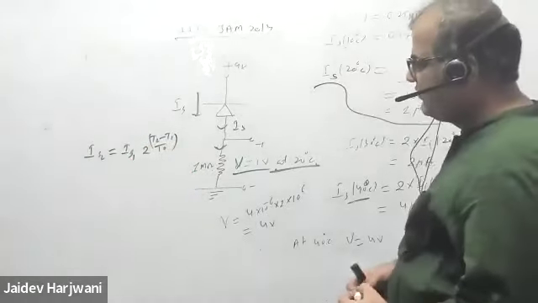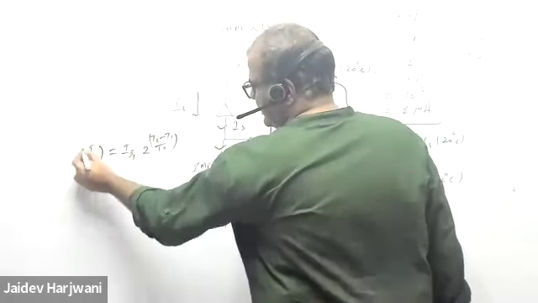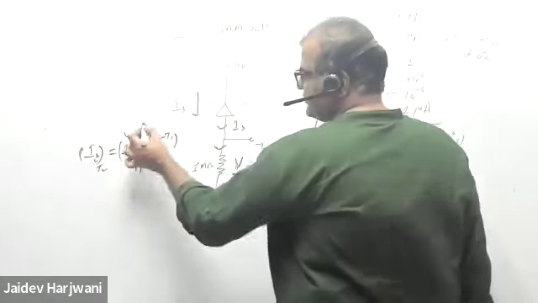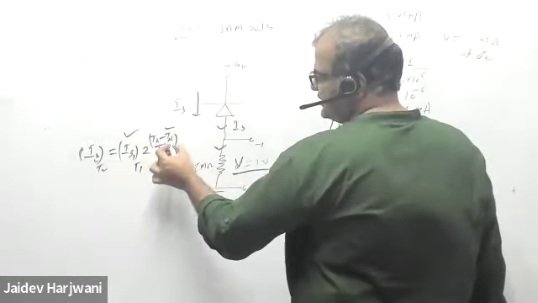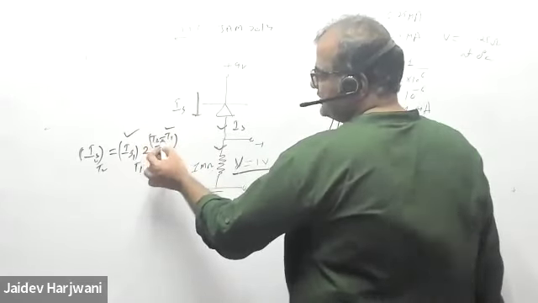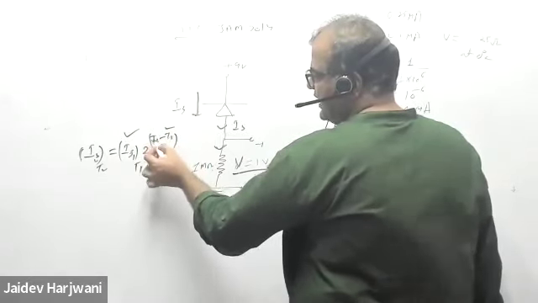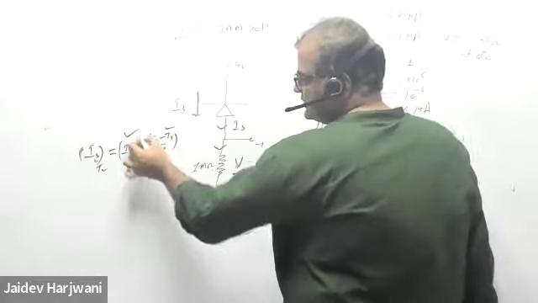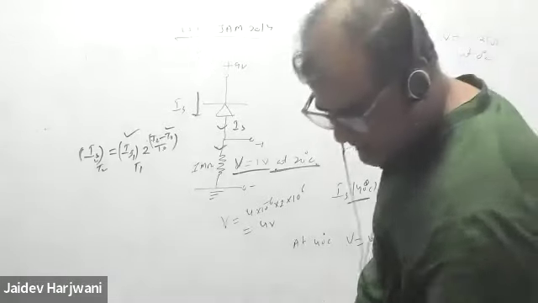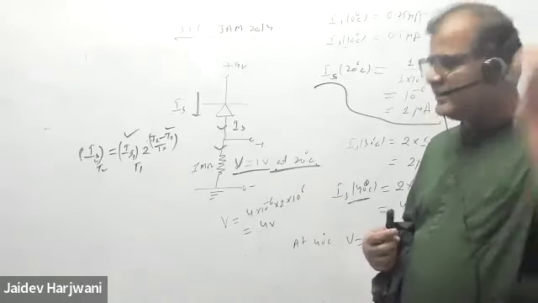So if IS2 is at temperature T2 and IS1 is at T1, and you know the current at some temperature T1, and you increase the temperature by 10, the difference divided by 10 becomes 2 power 1. So this becomes double. So every increase of 10 Kelvin, your reverse saturation current becomes double.